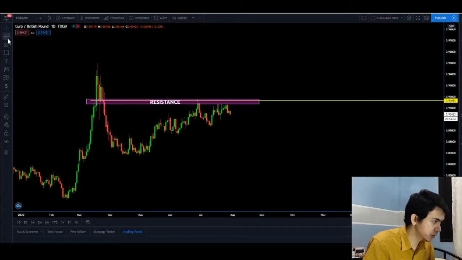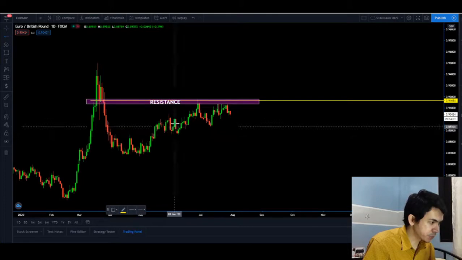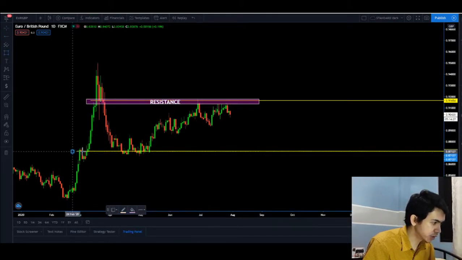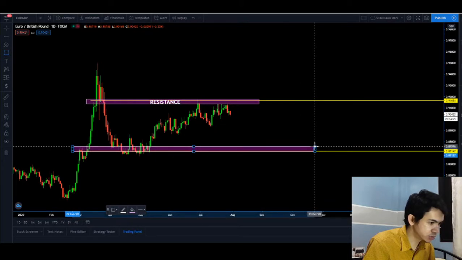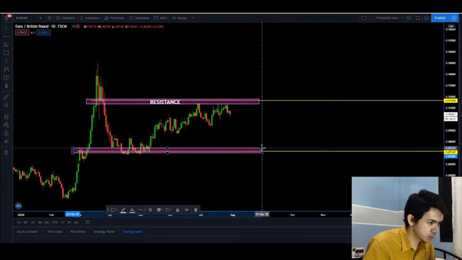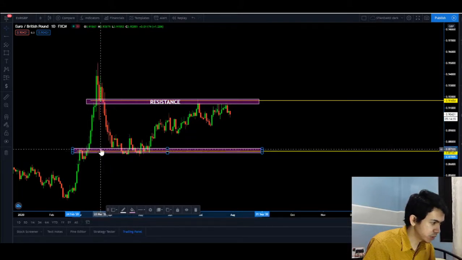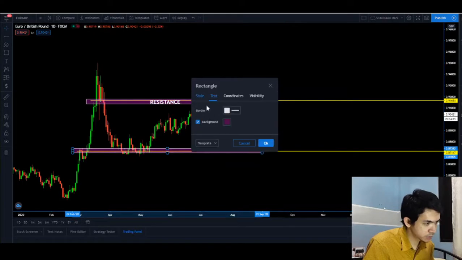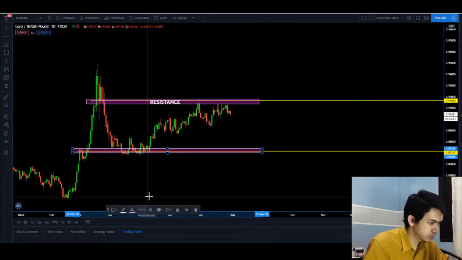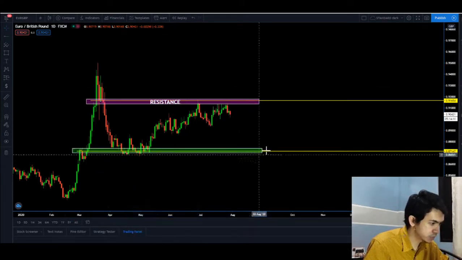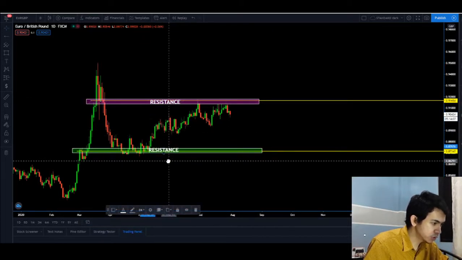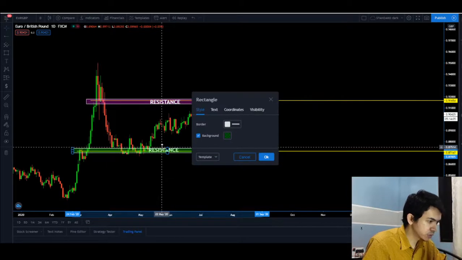After that, I have drawn as well my key support level or zone. We have now our key support, so now we have two zones.